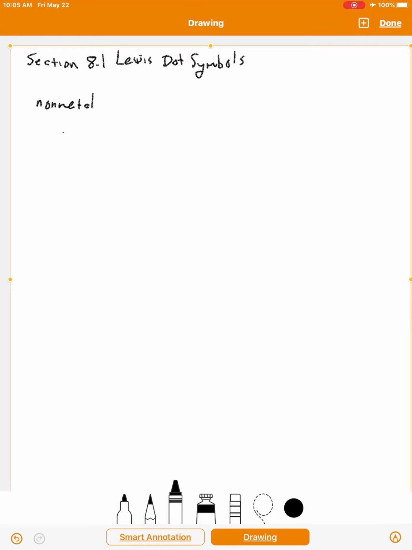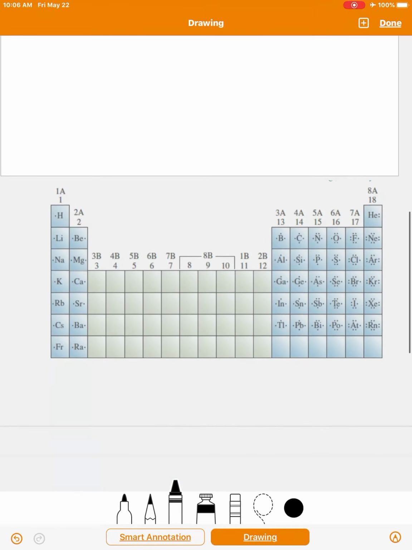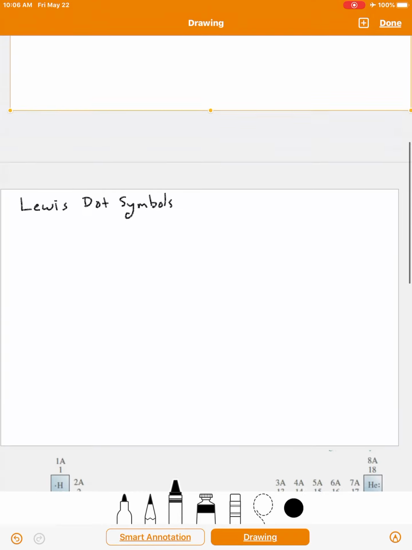Okay, let's take oxygen, for example. Oxygen is in column 6A. So that means it has 6 valence electrons, right? So I'm no longer drawing the electron configurations. I don't need to. All I've got to do is look at that periodic table and find oxygen. Oxygen is in column 6A, so it has 6 valence electrons.